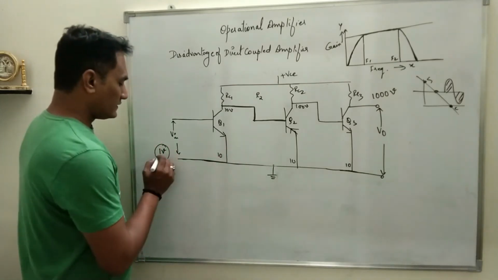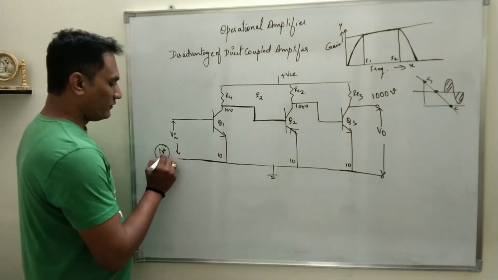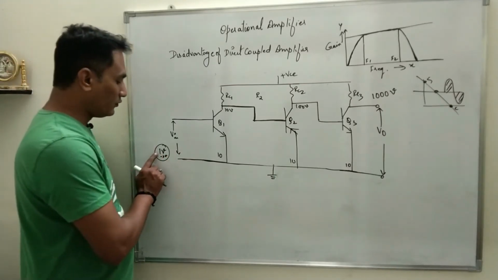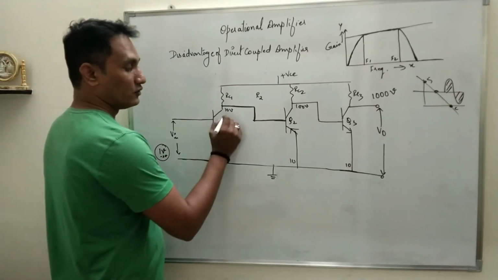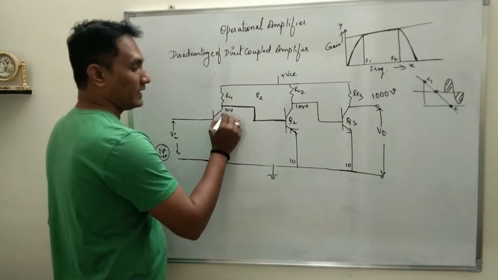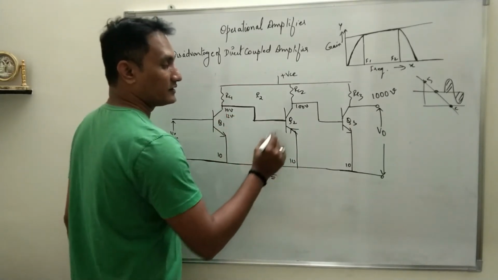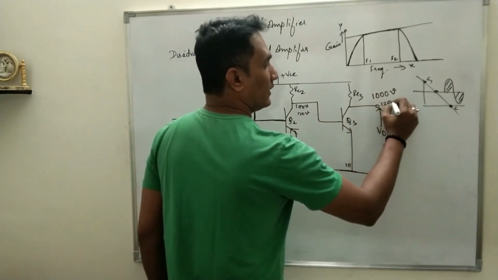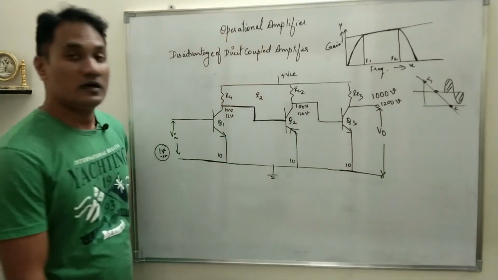Say a small noise of 0.2 volts appears at the input. So now what will be the input? Input will be 1.2 volt. When it is multiplied by the gain, it will be 12 volt at the first stage, 120 volt at the second stage, and it will be 1200 volt at the output.